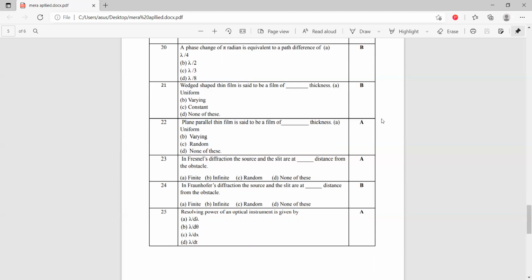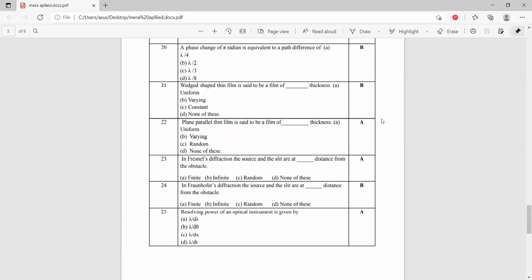Now moving on to question number 24. In Fraunhofer's diffraction, the source and the slit are at dash distance from the obstacle. The options are A, finite, B, infinite, C, random, and D, none of these. So the correct option is B, infinite.